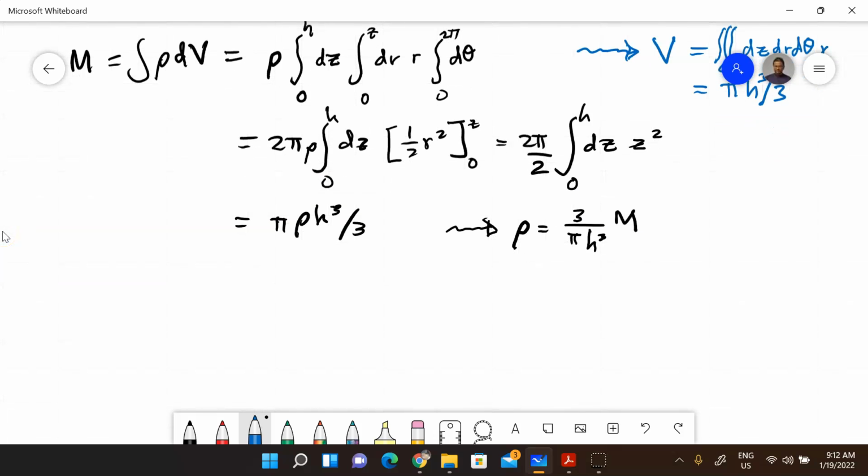So now let's go to the centroid. That's the question that is asked for. The centroid is essentially given by this integral, z bar. Remember that I should have mentioned that what we want is just the z coordinate of the centroid.